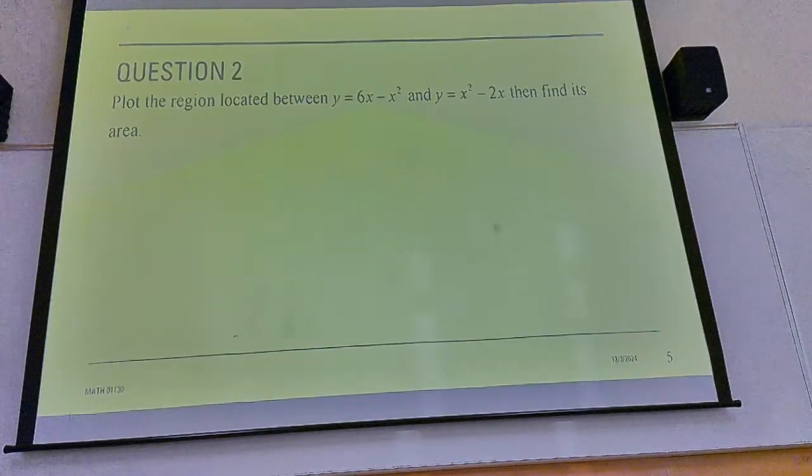Area of the region located between y equals 6x minus x squared and y equals x squared minus 2x.